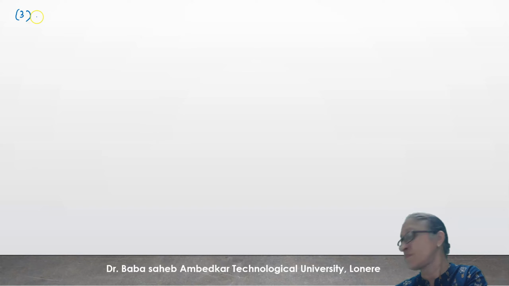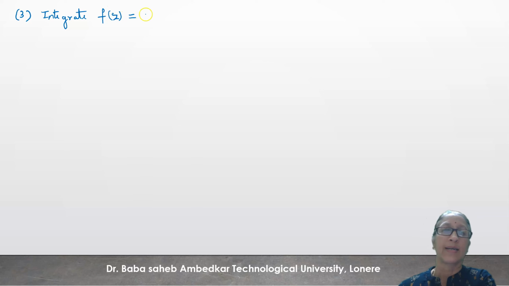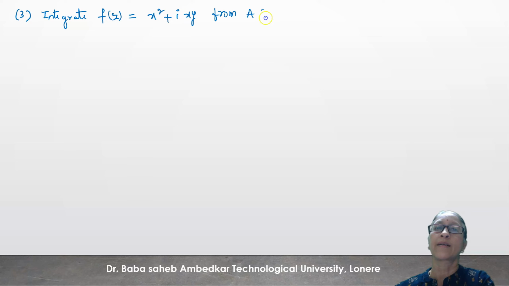Example 3. Integrate f of z equal to x square plus ixy from point A (1, 1) to point B (2, 4) along the curve.